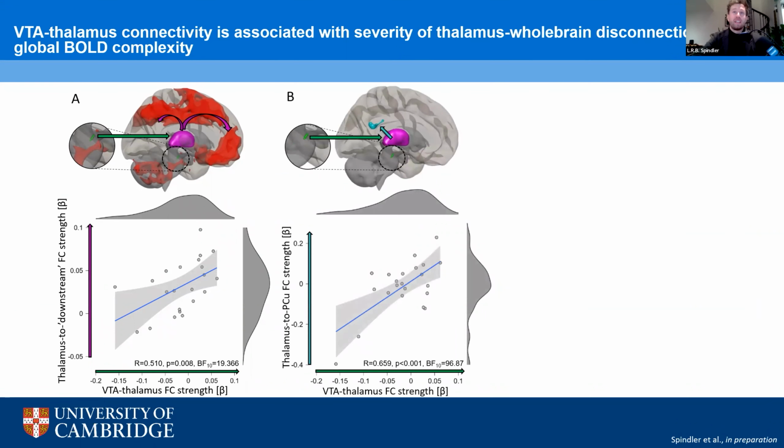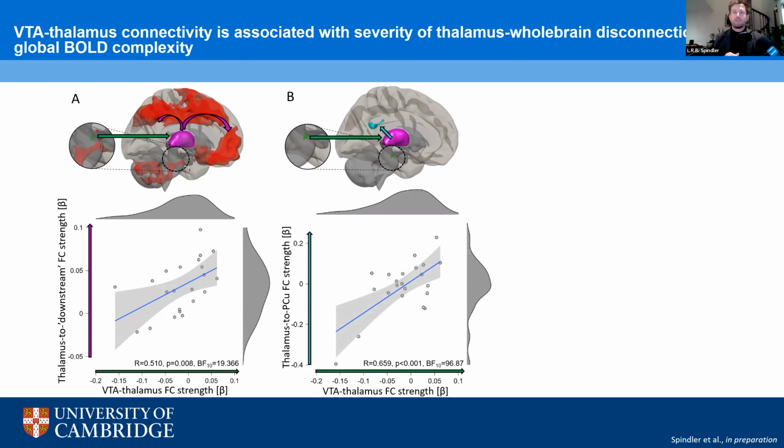And just as a secondary proof, we also found that this equally applies for the thalamus's interplay just with the precuneus and posterior cingulate cortex.